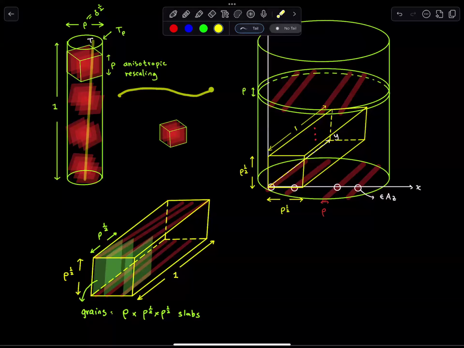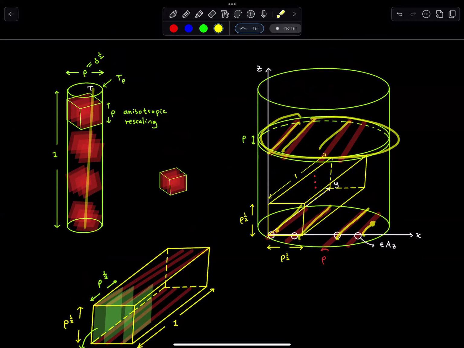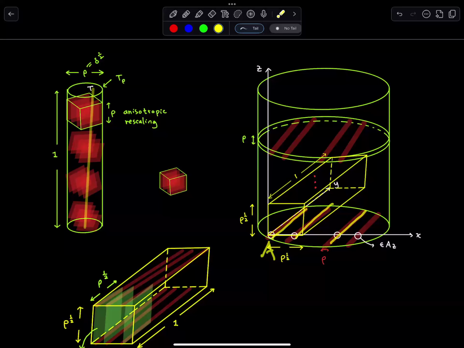When we do anisotropic rescaling, we map this thick tube to a unit tube. So this tube has radius 1. Then each of those parallel slabs, we call them slab grains, is going to map to a horizontal tube, and those tubes are parallel on each horizontal slice, but they might have different slopes at different slices. So A here is going to be the location of those horizontal tubes, let's say at height 0.